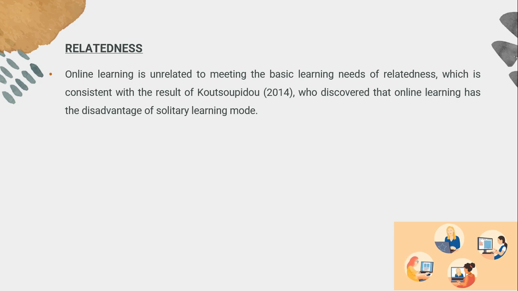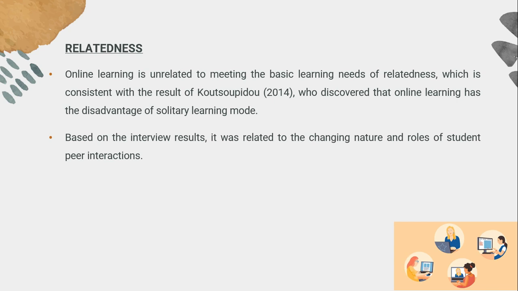consistent with the result of Kotsopidu 2014, who discovered that online learning has the disadvantage of a solitary learning mode. And then based on the interview result, it was related to the changing nature and roles of student peer interactions.